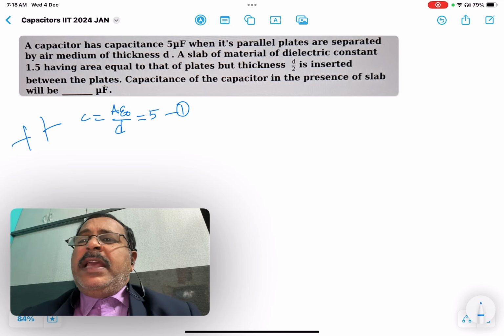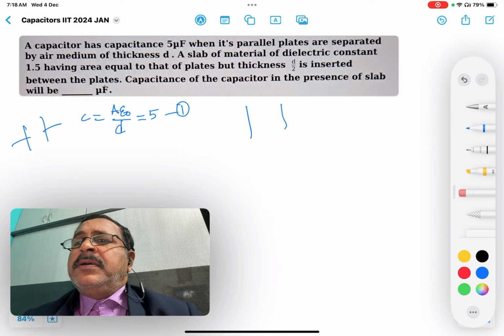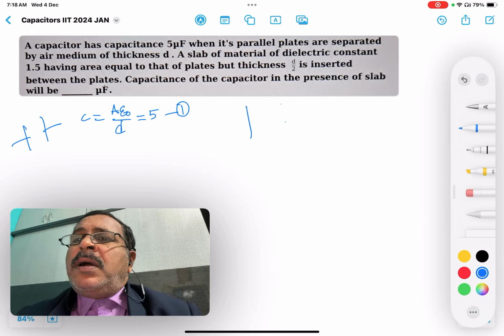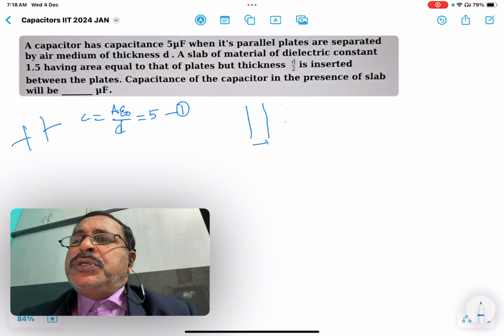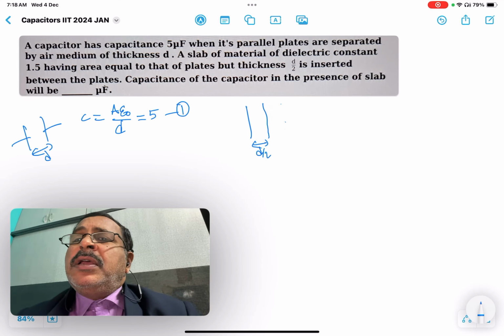Constant K is given there. This time between the plates, you see here. Now the distance has been reduced to d by 2. This was D initially. But area of the plate remains the same.